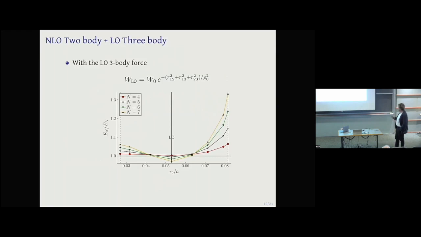And I know that I already have a three-body leading force from the previous step. So I use this three-body force. And with the three-body force, I can somehow have a better description of the system.